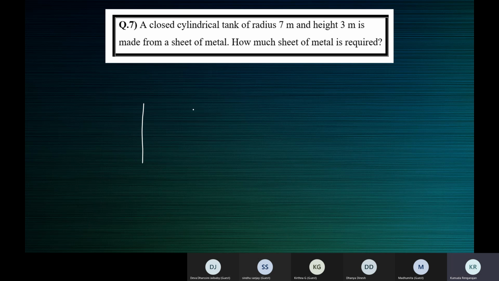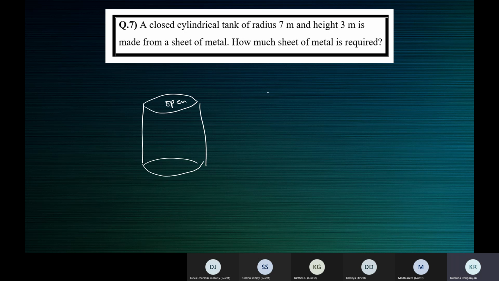Now this one is a cylindrical tank. If it does not have a lid, then it will be open here. If it has a lid, it will be closed.